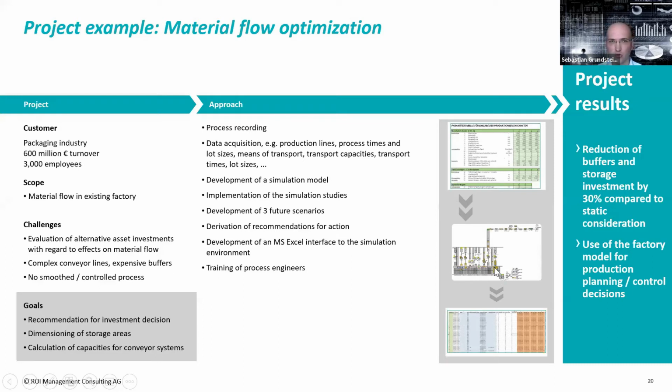They had to invest in new machines and new conveyors, and they asked us what the optimal buffer areas are, which conveyors we need, and which machine is the best one, because they had several machine options to buy, and they wanted the optimum.